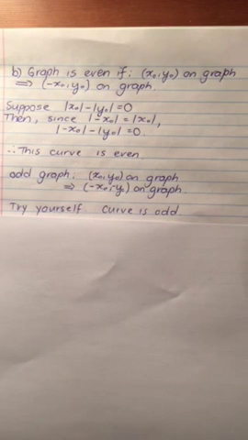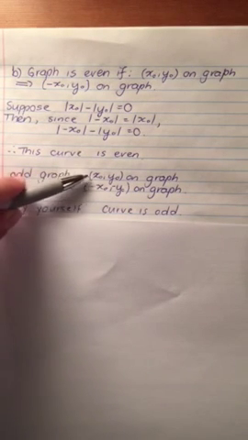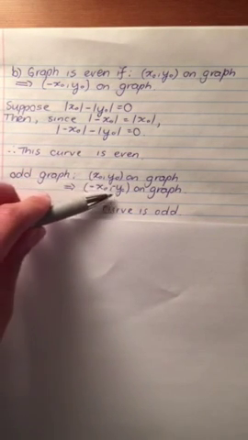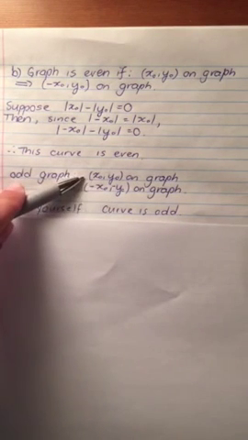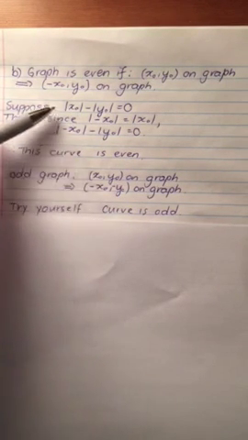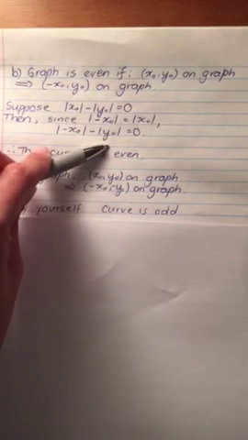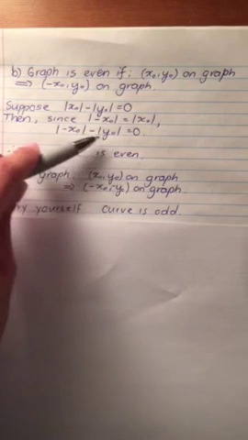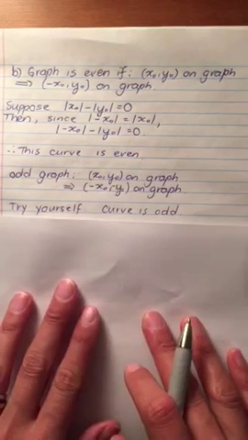And I like to think of the double flip this time, because then we can use the definition that if your point x0, y0 lives on the graph, then so will negative x0, negative y0. So you start out by saying that we assume that there is such a point, and it looks like this, and when you sub in your negative x0 and your negative y0, you'll end up being able to make the negative signs disappear. Any other questions on that, let me know. Try that little part yourself. The curve is actually odd as well. It has a lot of symmetry.